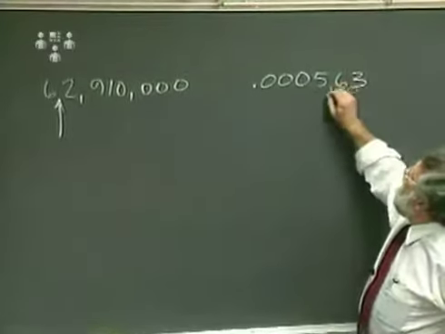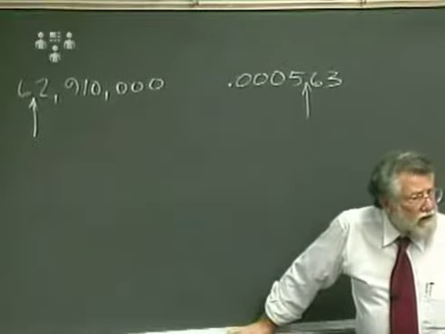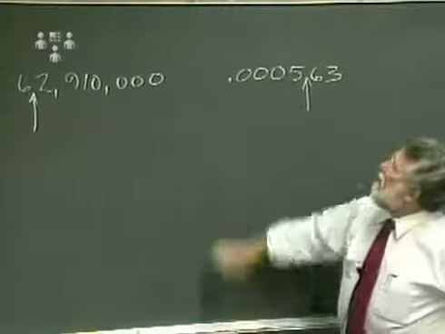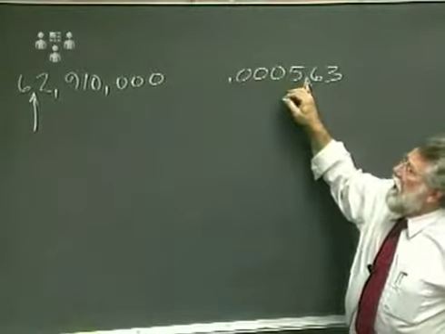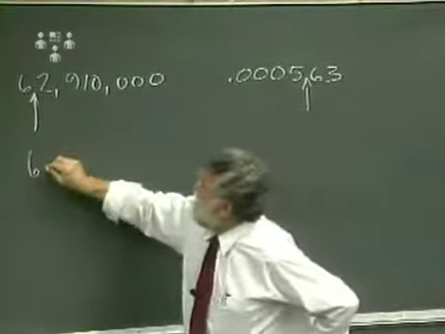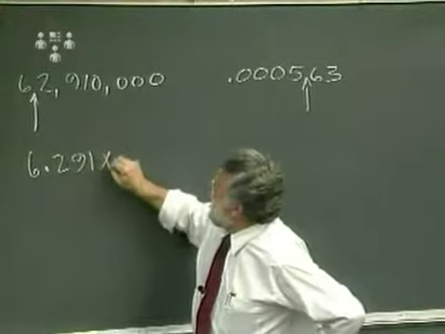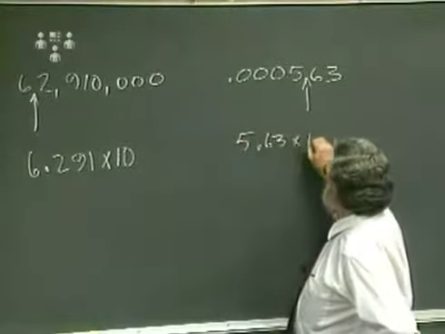Okay, between the 5 and the 6. Okay, you couldn't say after the what? The first digit. That's where we make the statement after the first non-zero digit. And then, I've got the decimal in both of these, so I'm going to have a 6.291 times 10. This is going to be a 5.63 times 10.